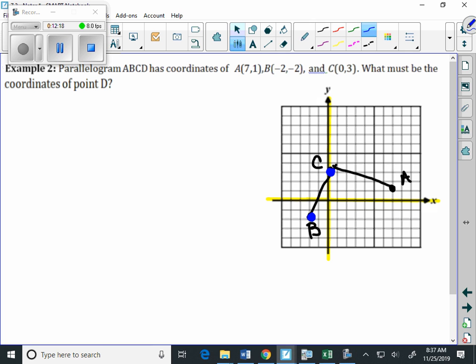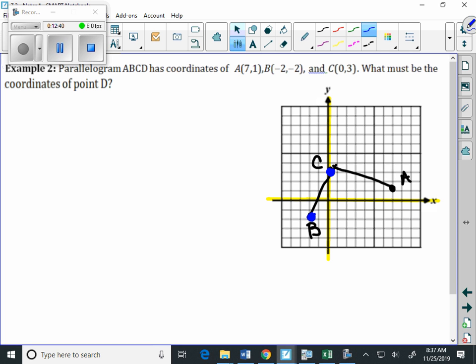But what we could do, remember, because the definition of parallelogram is that we've got 2 pairs of parallel sides, we need to have the same slope. So we could do that. We also could do distance. I think that slope will be slightly easier. Remember that slope is rise over run.